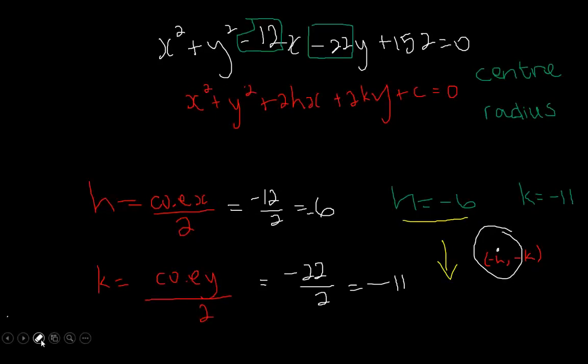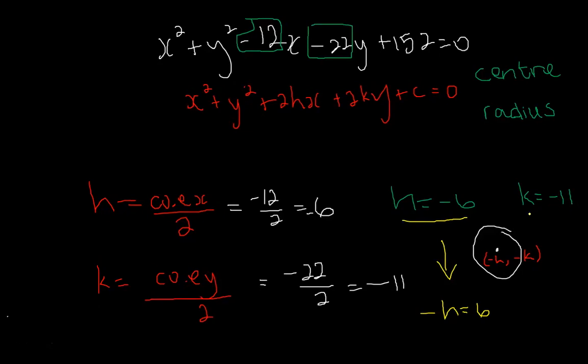If h is equal to minus 6, that means that minus h is equal to 6. And if k is equal to minus 11, that means that minus k has to be equal to 11.